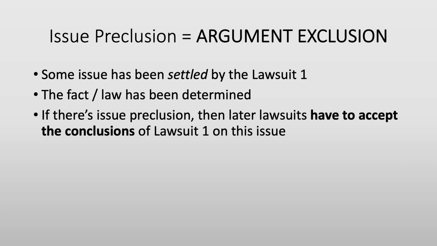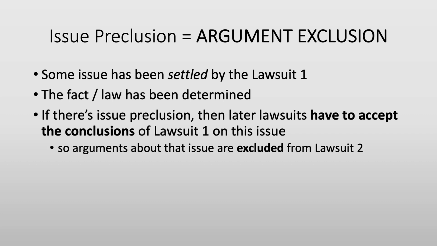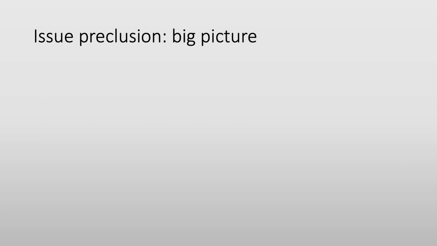It doesn't cover necessarily the whole lawsuit, but if this issue has been determined by a lawsuit, then later courts have to accept that conclusion, that determination on this issue. And that means that arguments about it, so different versions of the story that might be presented to the jury, are excluded from lawsuit number two, because lawsuit number two accepts the conclusions made by the previous lawsuit.